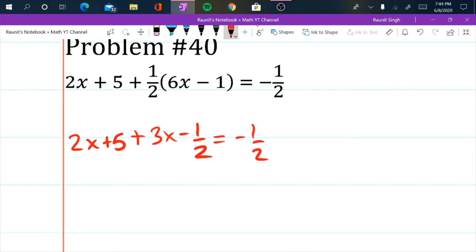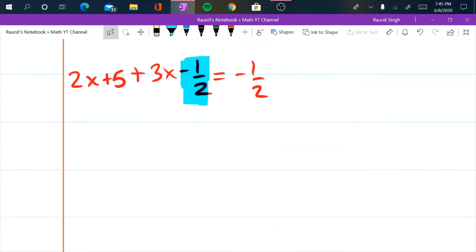Since the 1/2 is a number separate from them, it doesn't have a shared denominator with any of them.